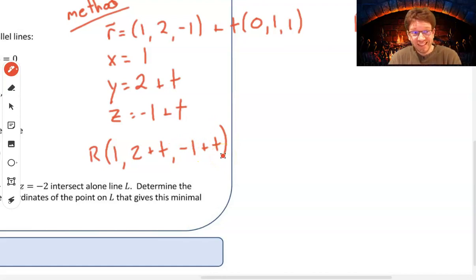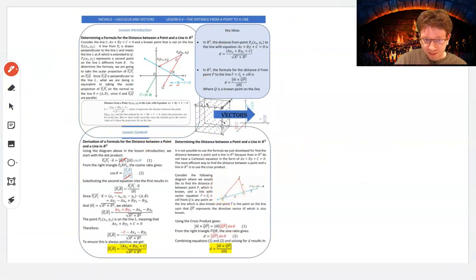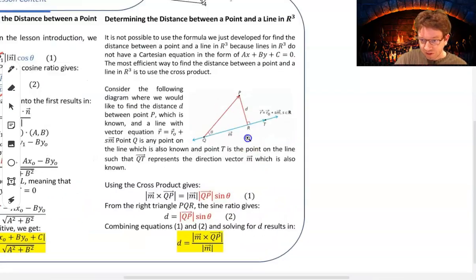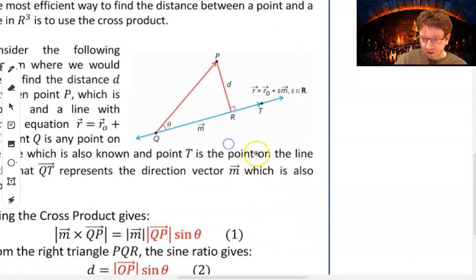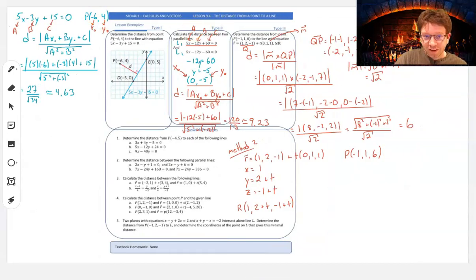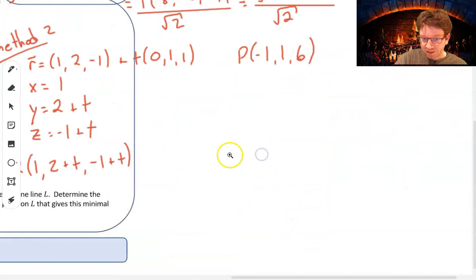I just don't know what T is, but that's what R is going to be. And therefore, I can solve for RP, which is the distance we're looking for. If I go back to this diagram here, if I solve for RP, that's the shortest distance that we're looking for. All right, so let's figure out what RP is then.